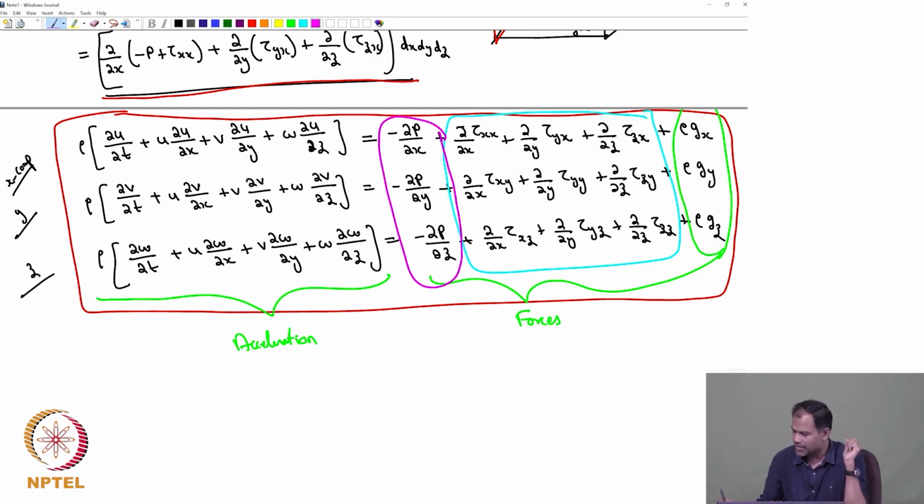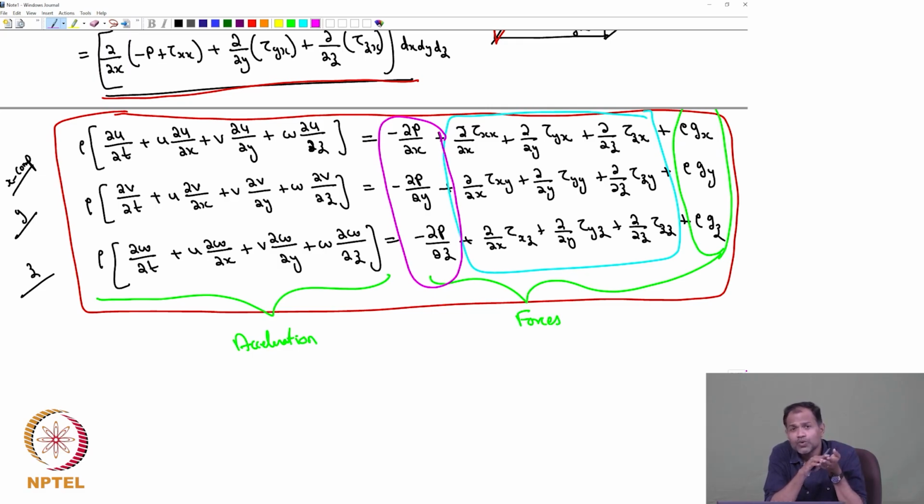Now, remember, we did not write what tau is. We just defined tau as a shear stress, a surface force acting on the fluid element. But we need to simplify it further in order to use it, because if you write it in this particular form, there are too many unknowns. Velocities are unknown, pressure we do not know, shear stress we do not know.